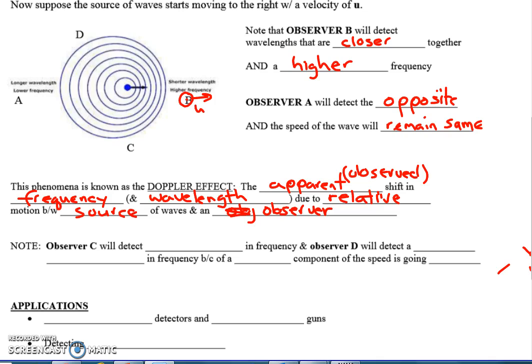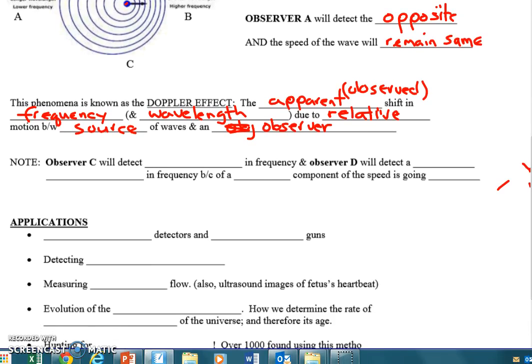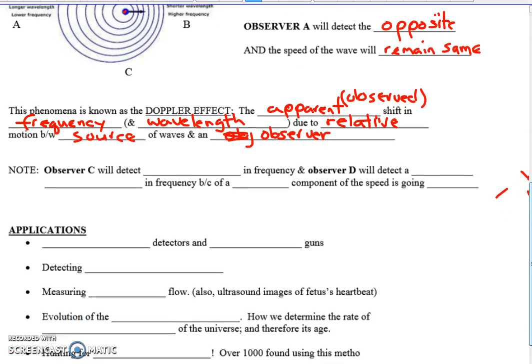In other words, this guy is stationary relative to this one, so there will be no Doppler shift. So in order to get relative motion, either B is stationary relative to the ground and A is moving towards it, or B is moving away from A, or the source, or B is moving toward the source. So there's a lot of different ways you can get relative motion. And then you've got to look at, like we said, the source and or the observer.